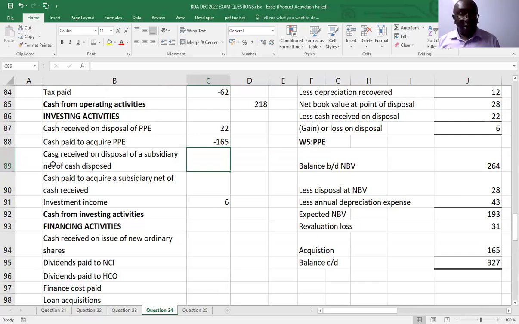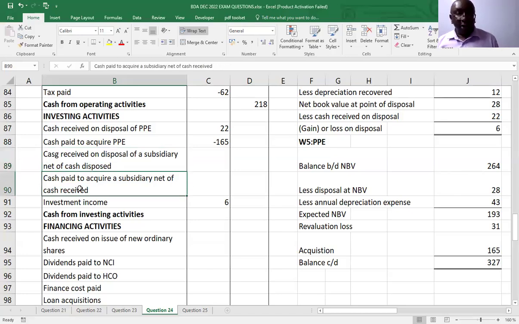So that this one I can remove it. Sasa hiyo nikitoa hiyo line itaniharibia mpaka huku sababu kuna working. Okay. So hiyo nitaachana nayo. Haya. Cash paid to acquire subsidiary, hata hiyo sitatoa, itatoa mpaka hizi. So wacha ikae tu hivyo.